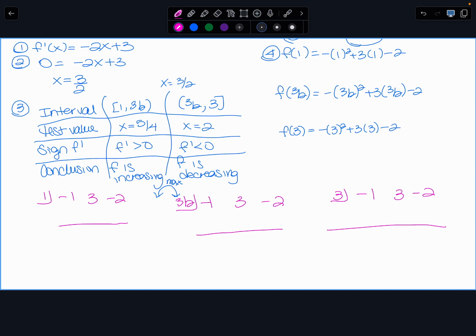And I've got to be honest, with fractions, it's probably easier to use synthetic division and get the remainder than it is to find all your common denominators. I'm going to bring down the negative 1. So I have negative 1, so 2, 2, so I get 0. So f of 1 is 0.